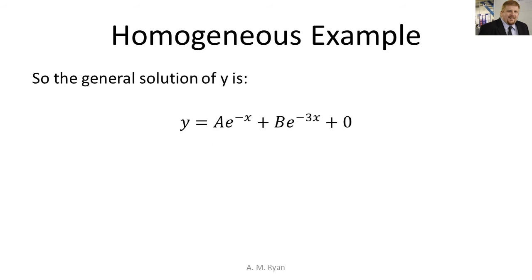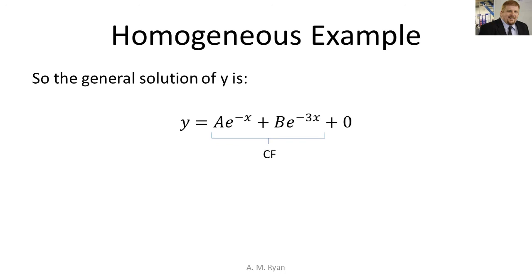And so our general solution for this is that y is equal to something, a, e to the minus x, plus something else, b, e to the minus 3x, plus 0, but obviously we're going to ignore that. Okay, so now our boundary conditions come in.